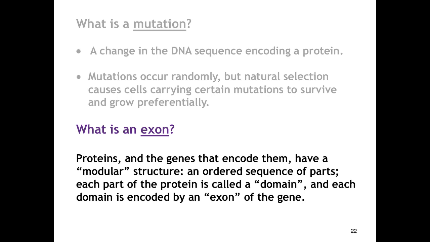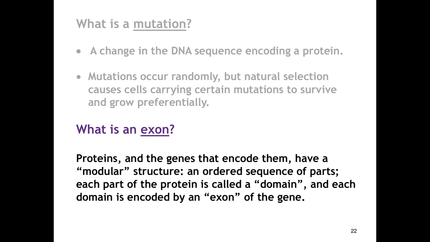Almost all proteins, and therefore the genes that encode the sequences of those proteins, have what we could call a modular structure. It's like they're put together out of a kit of component pieces that are assembled together. Maybe 5 or 6 or 8 different parts of the protein which we call domains.